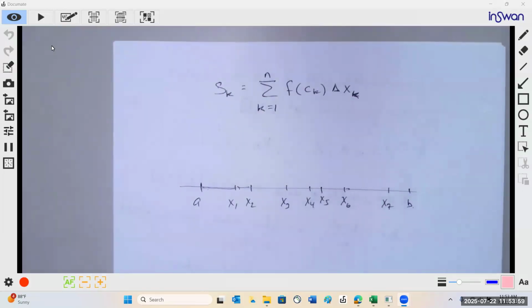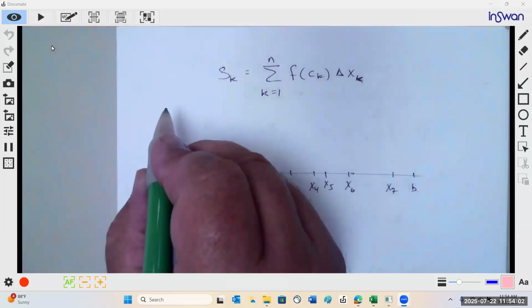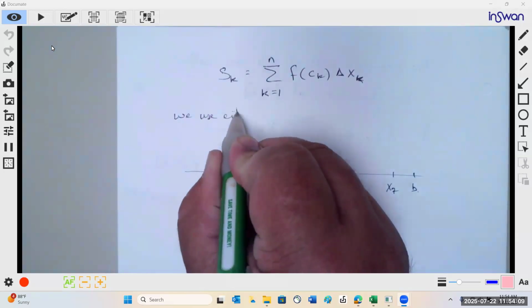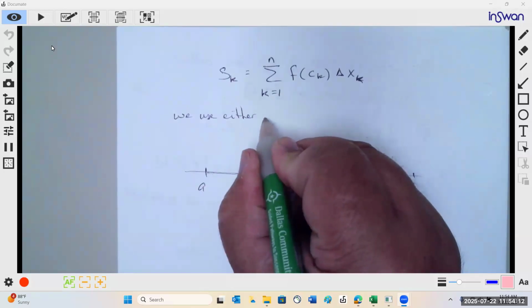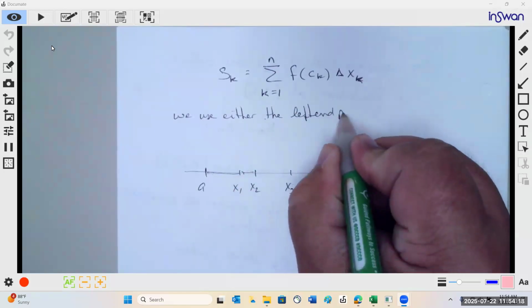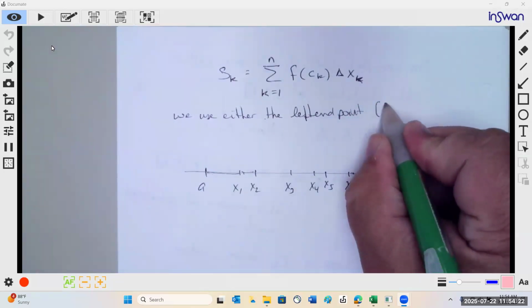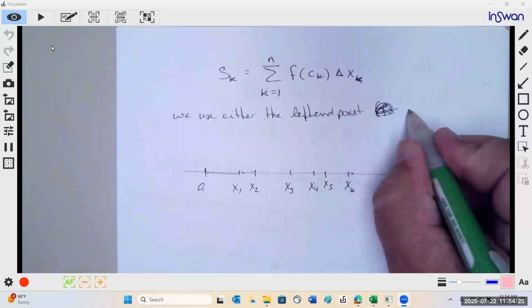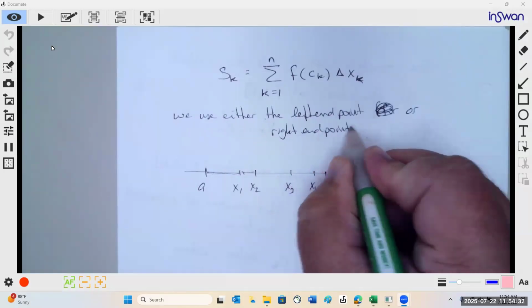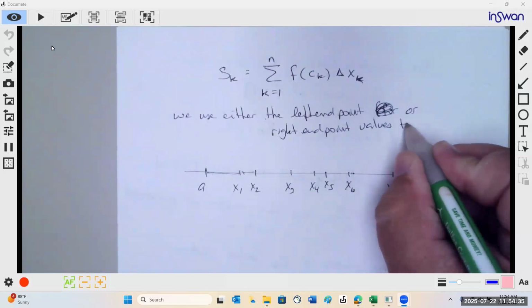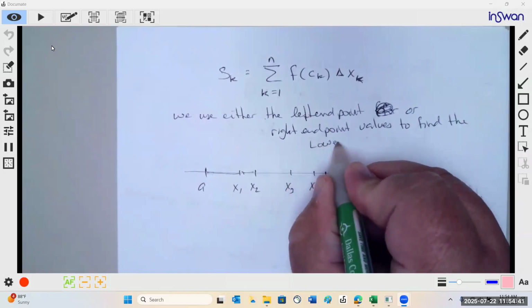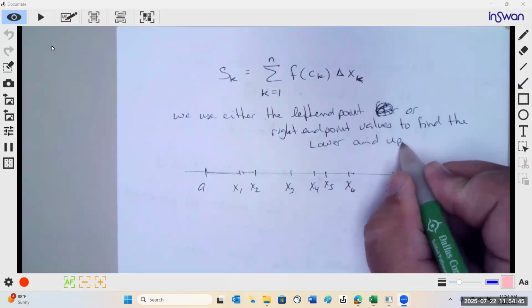Okay, so if this happens, our formula is now changed a little bit. We use either the left endpoint or right endpoint values to find the lower and upper sums.